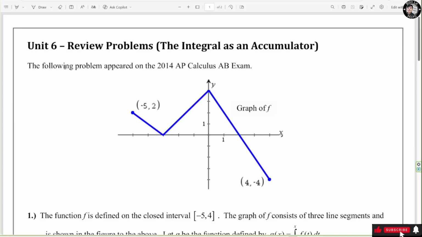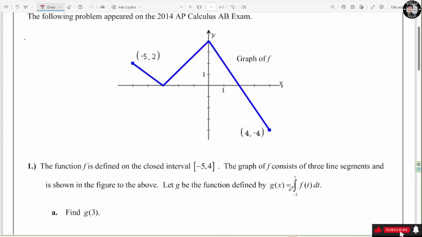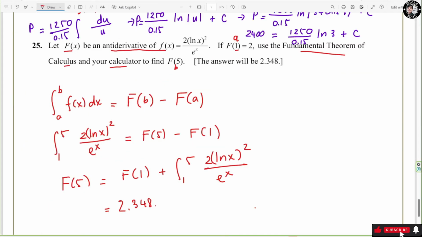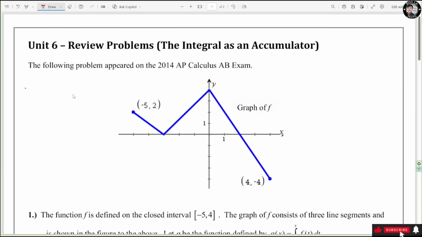Now let's move on to the last one, the review problems from the 2014 AP Calculus AB exam.